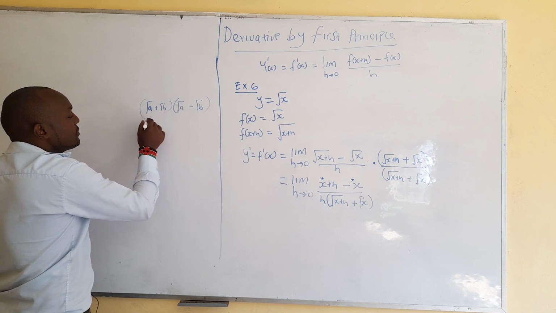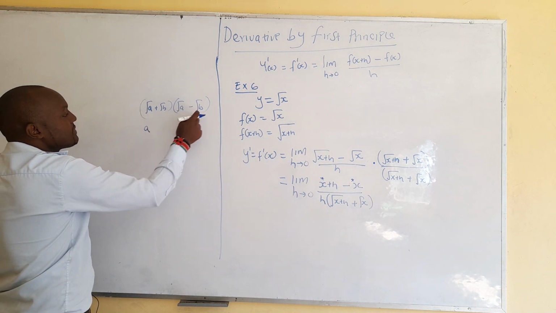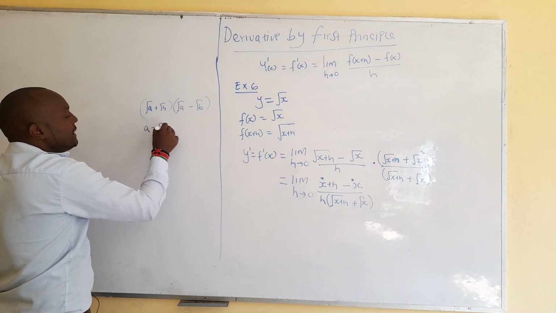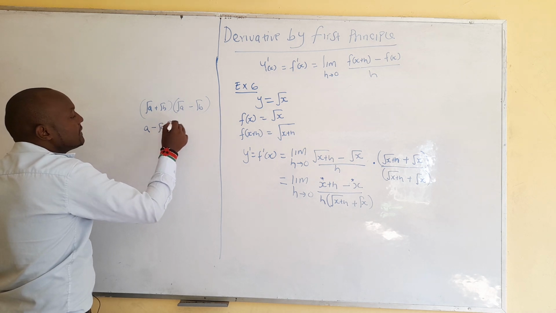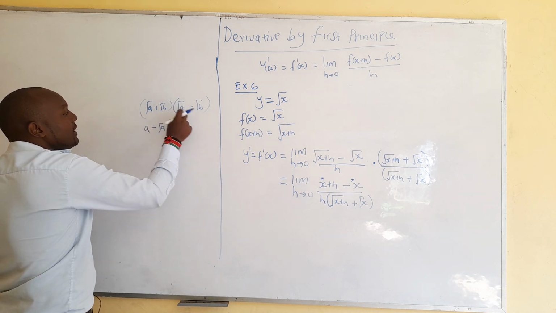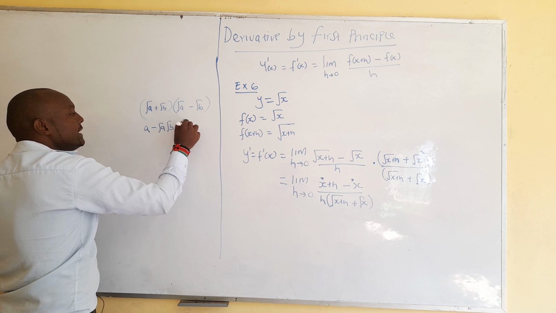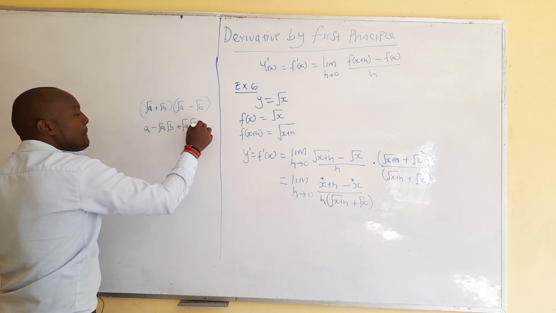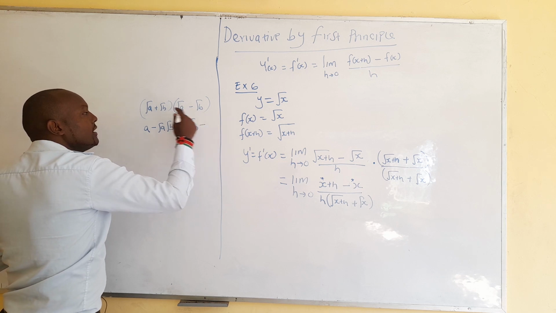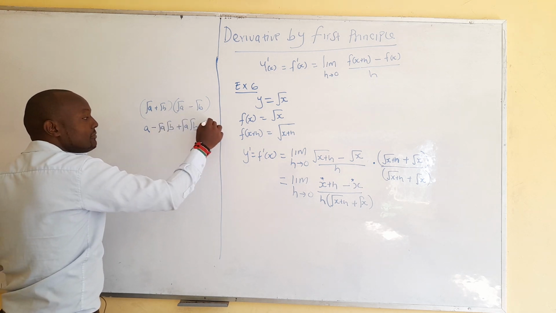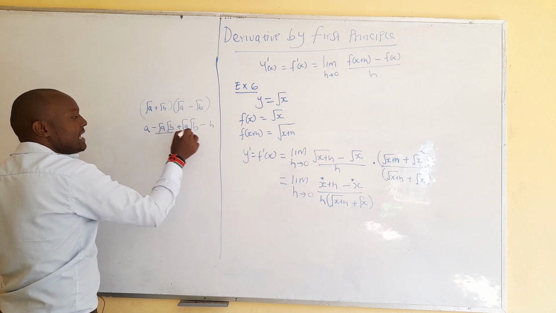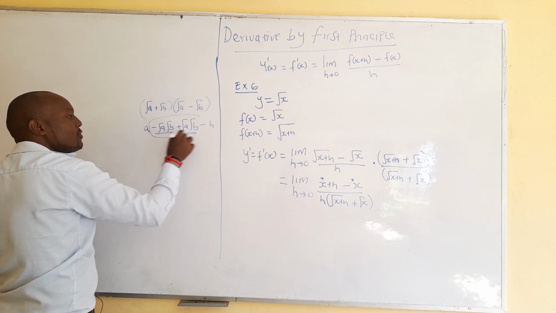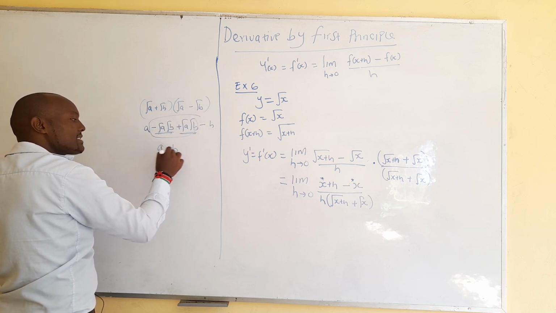Whenever you open this one, you have a. This one times this one, I have minus root a root b, then plus root a root b. Then minus root b times root b, you have b. That's why you see this one is minus and this one is plus. They will cancel out, so you are getting a minus b.